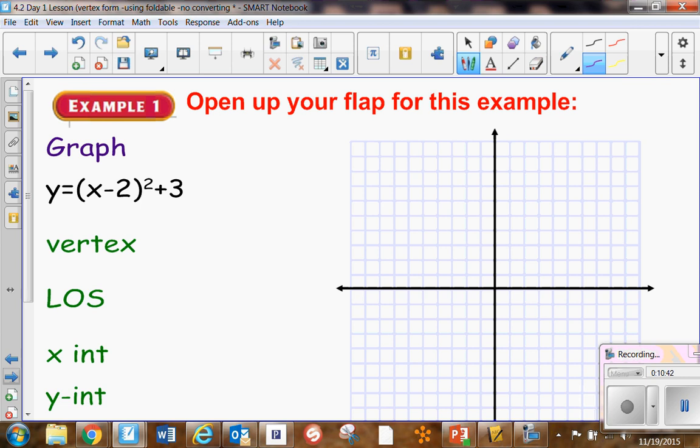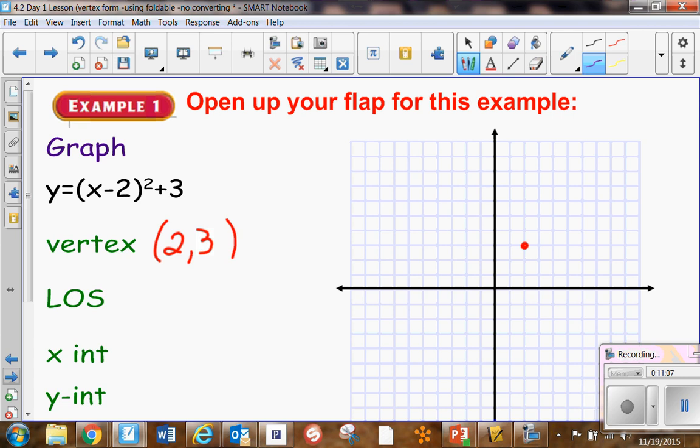They're just easier to see now sometimes in this form, because the vertex is staring at me. What is the vertex? Positive 2, 3. That's the vertex, just like that. Didn't have to do a thing. So 2, 3 is my vertex.